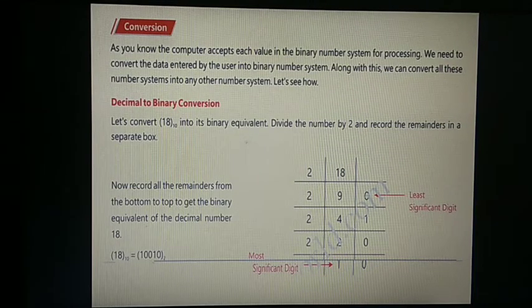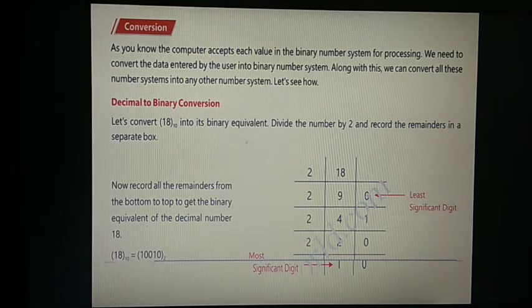So we need to convert the data entered by the user into the binary number system. The user gives the input and the computer converts it into the binary number system. We also must know how the computer is converting the input into the binary number system.